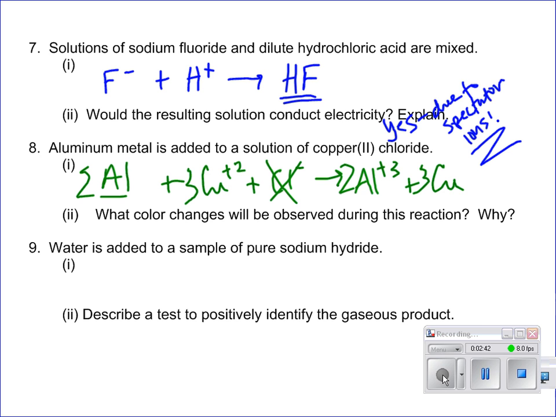What color changes will be observed? Copper 2 and aluminum together, what color is that solution? Blue from the copper 2 going to silver, really? No. Aluminum ions in solution are colorless.